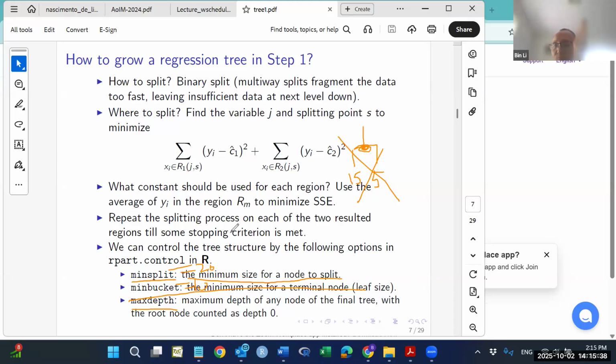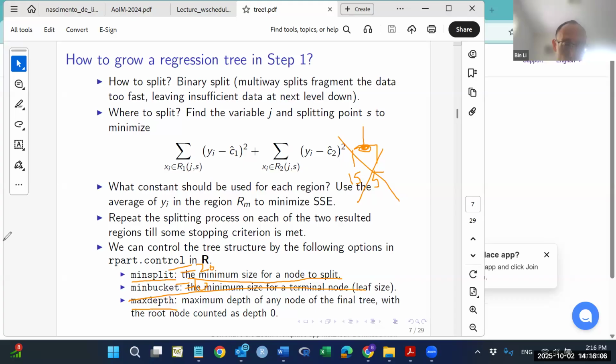But we can do further splits at other places until we reach the maximum depth of 5. So these are the stopping criteria. As long as one of them is met, that branch is stopped, until all the branches in the tree have stopped. Then we stop growing the tree, which is step 1.